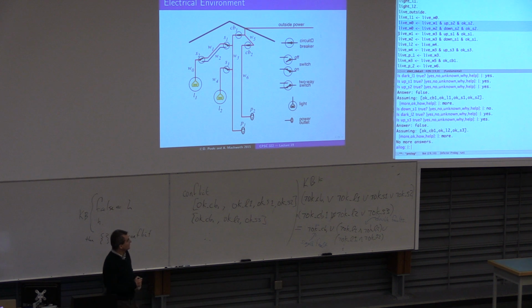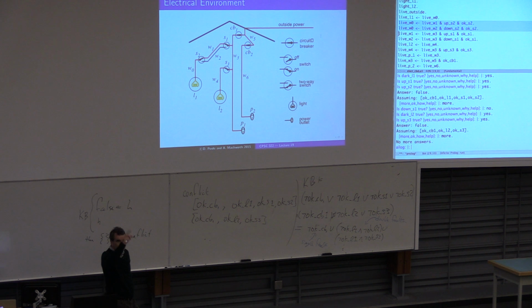The first one is if S2 is up and live W0 is live W1. So it tries to prove live W1. Then it asks for is up S1. And the second way of proving it is that maybe it's lit because S2 is down and S1 is down.